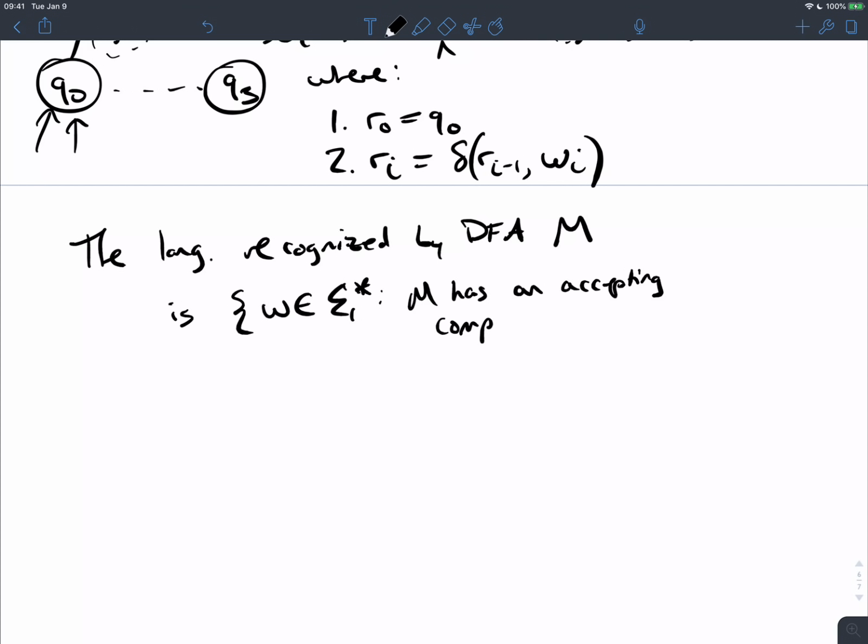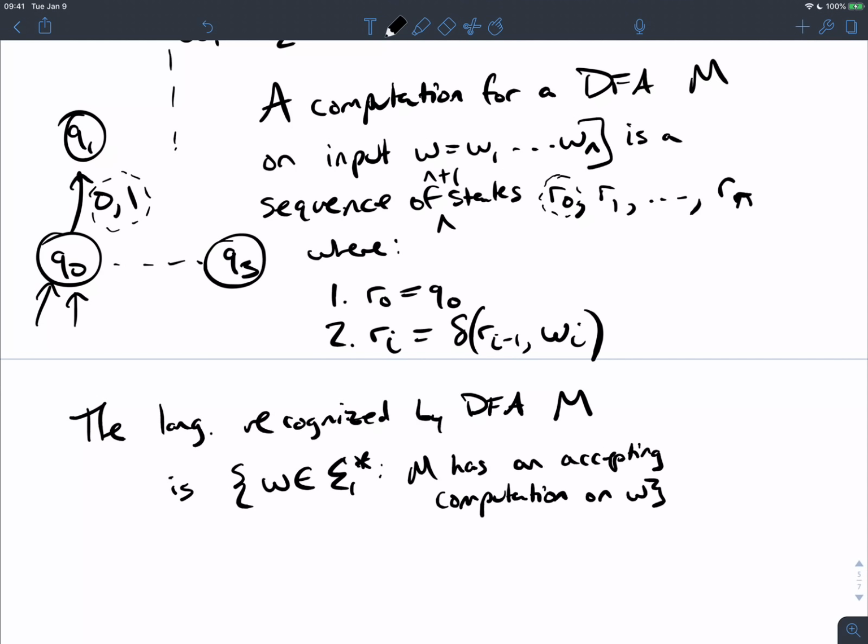Oh, I should define that too. Has an accepting computation on W. What do you think accepting computation means in this context? Yeah. Yeah, so which of these n+1 states lands in a final state? Rn, yeah.